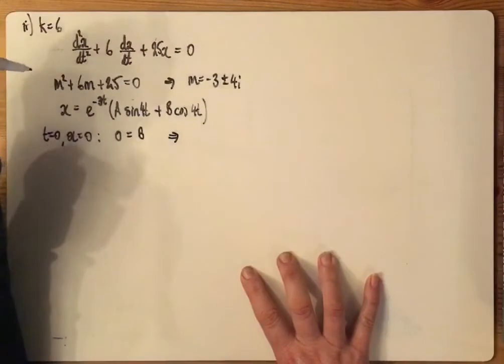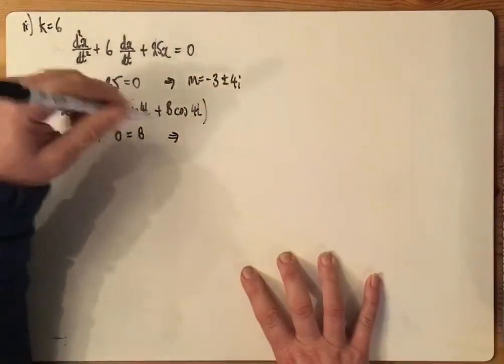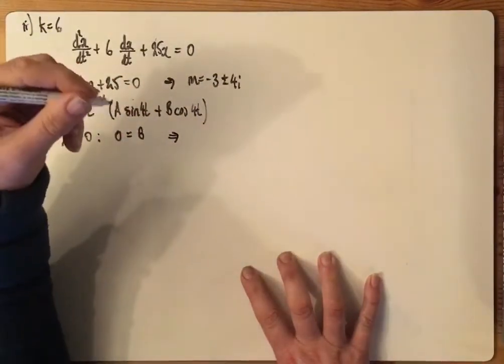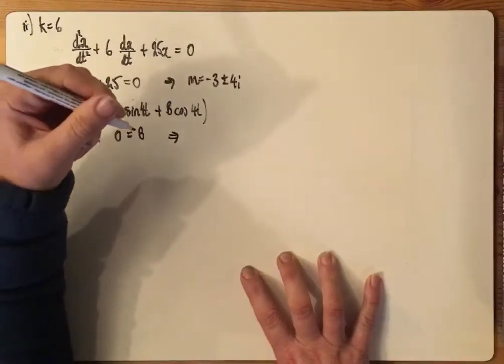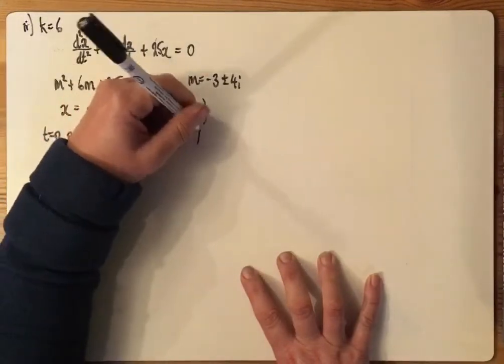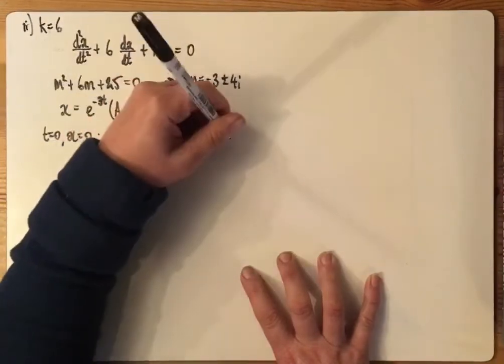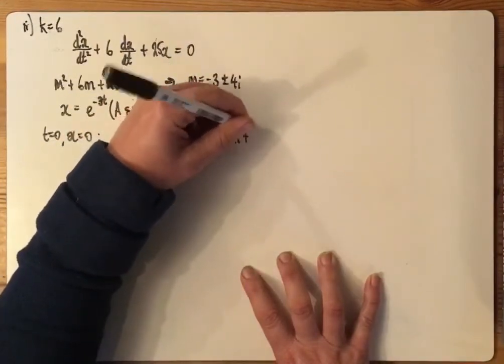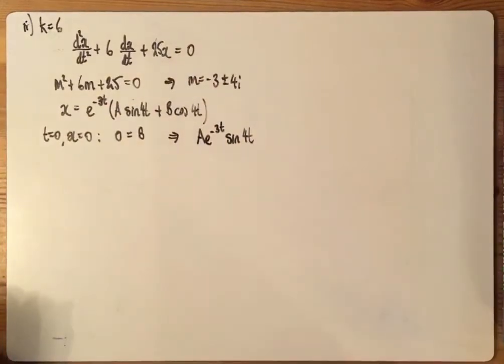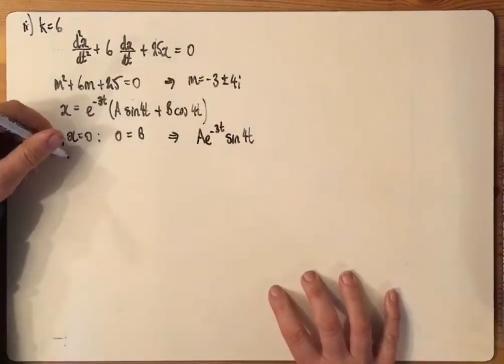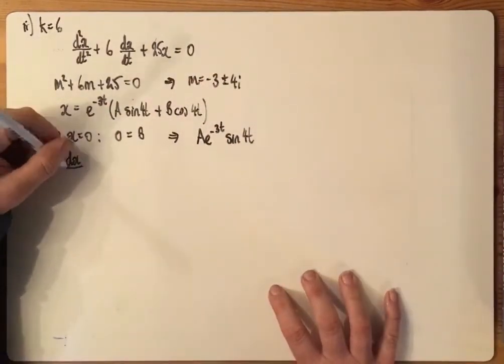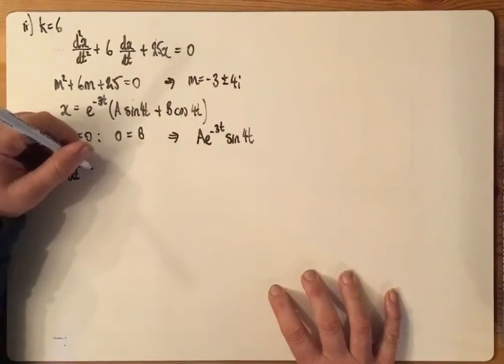which I'm going to substitute straight in because it does just make all of this a little bit easier when b is 0 to then differentiate. So I've got a e to the minus 3t sine of 4t. Differentiating, so you might have to do a bit of product rule differentiating through these examples.